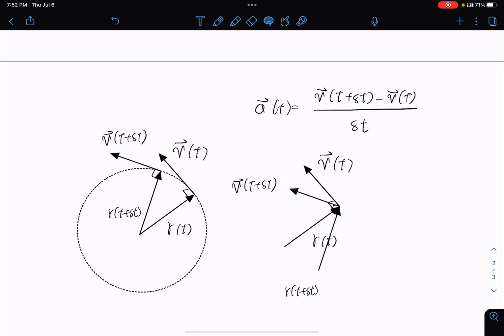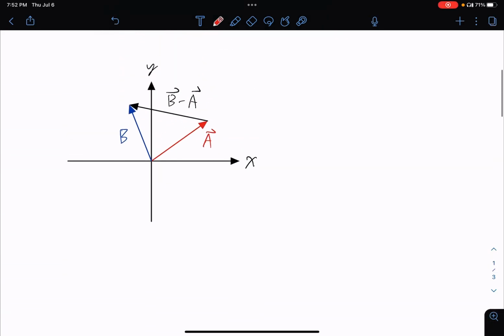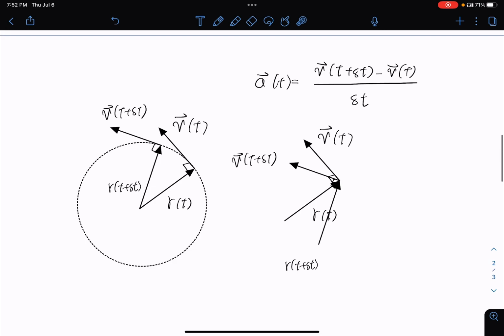Okay, good. So according to the graphical rule for vector subtraction, if I want the later v minus the earlier v, I go from the earlier v to the later v. So this is going to be my change of velocity.